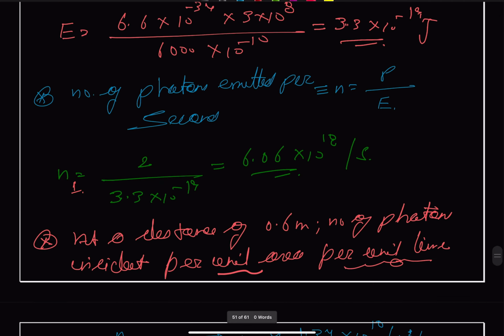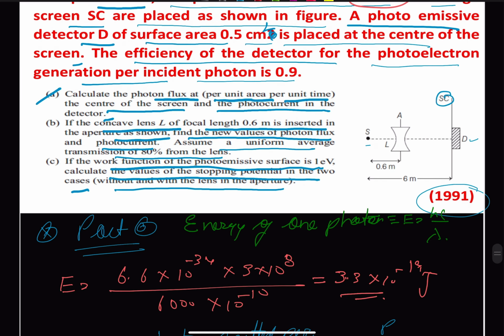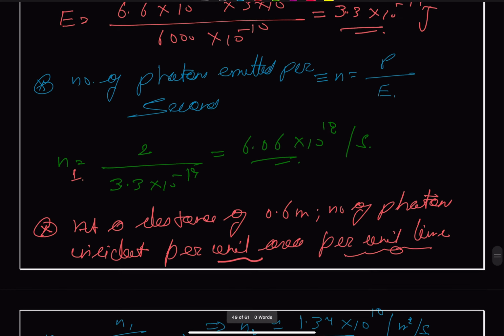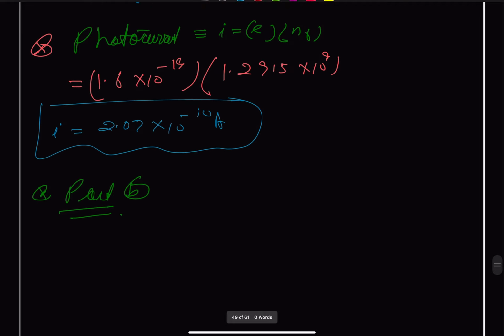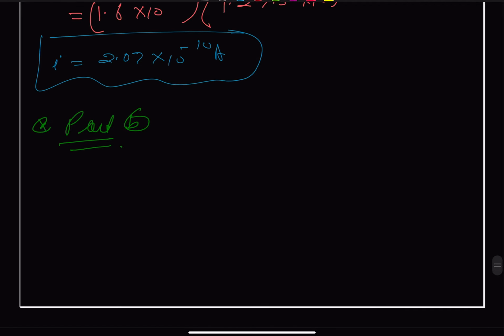Part B, focal length 0.6 inserted. So now we are having a lens between the source and the screen.